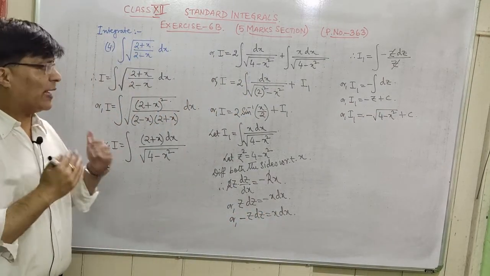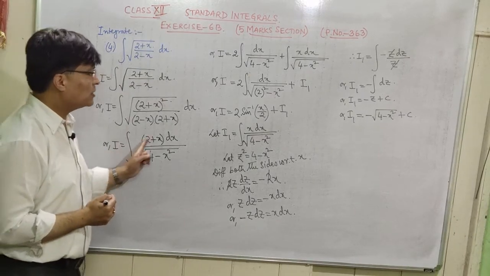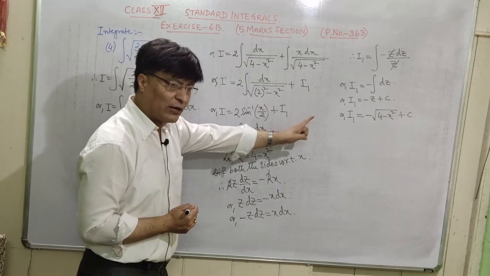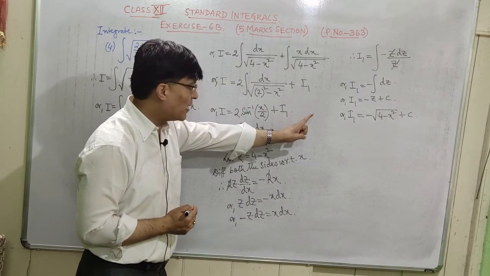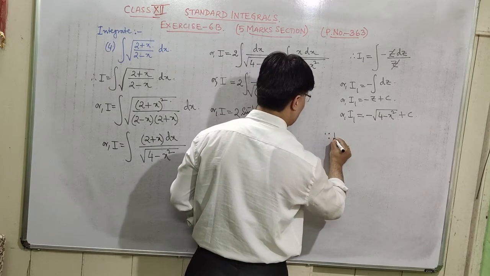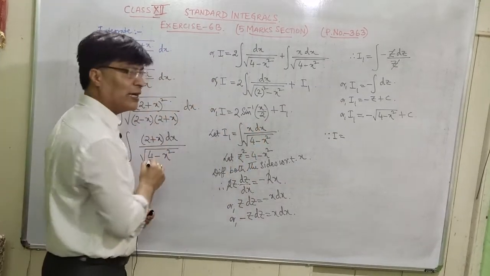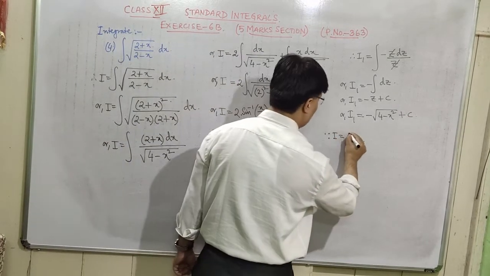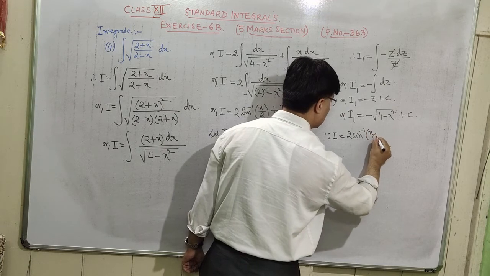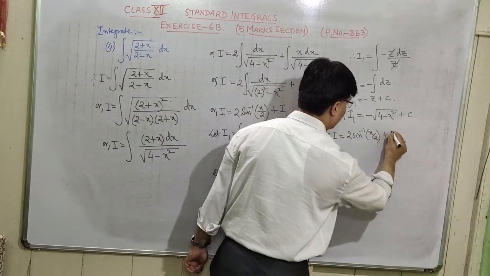But actually we have to get the value for I only. So let us put this value of I1 in I. What is I here? I is equal to, first expression is 2 sine inverse x by 2, then we write plus I1.